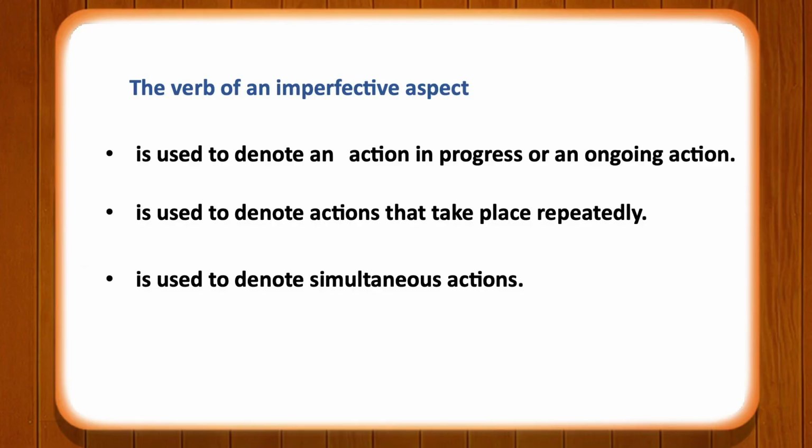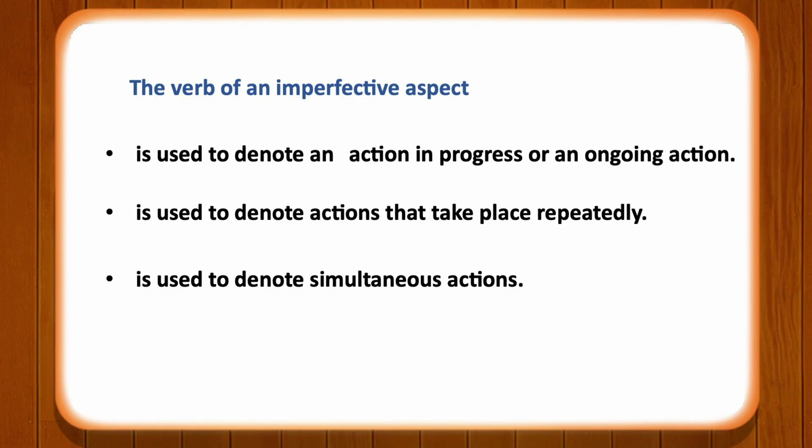Let us quickly revise the type of action the verb of imperfective aspect denotes. The verb of imperfective aspect is used to denote an action in progress or an ongoing action. It is also used to denote actions that take place repeatedly, and similarly to denote simultaneous actions.